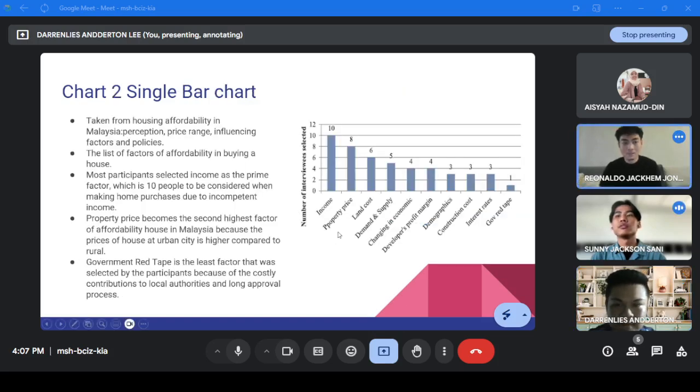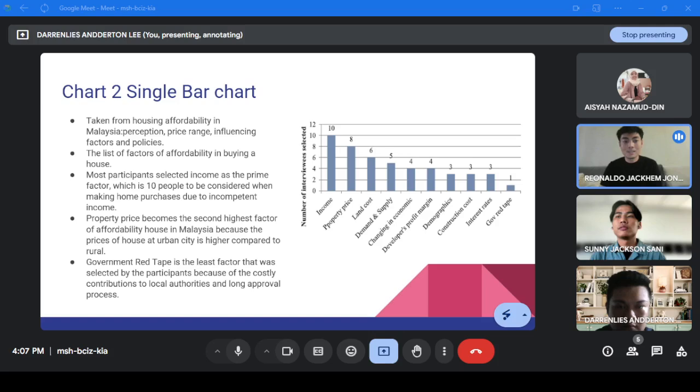Thank you, Darren. Chart 2 is a single bar chart taken from the housing affordability in Malaysia. Housing affordability in Malaysia is a growing issue influenced by rising house prices, income disparities, urban demand, and limited affordable housing. As we can see in the bar chart, the factors of affordability in buying a house are income, property price, land cost, demand and supply, changing economy, developers' profit margin, demographics, construction costs, interest rates, and government red tape.